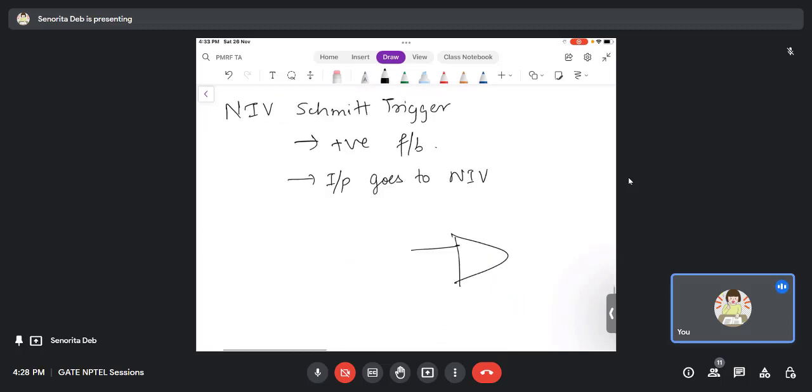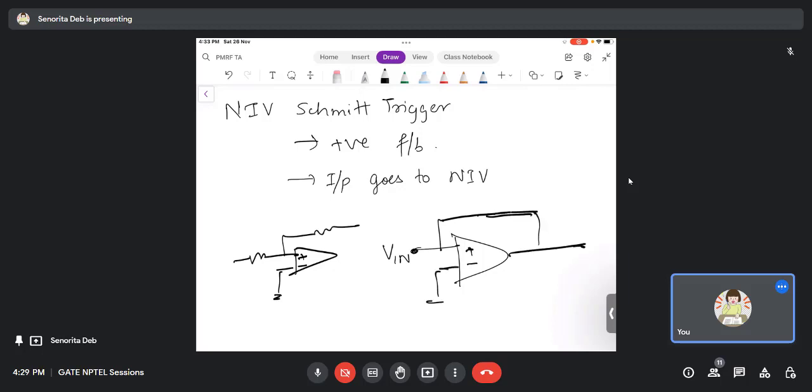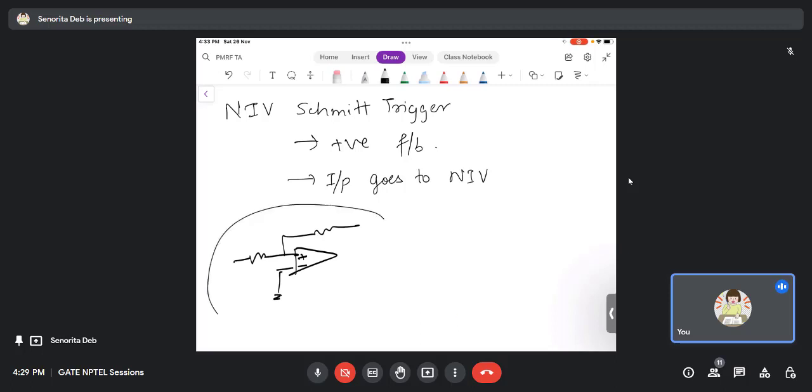It can be connected in any fashion, right? It can be connected with a series of resistors like this. But what I mean is basically the feedback is positive.